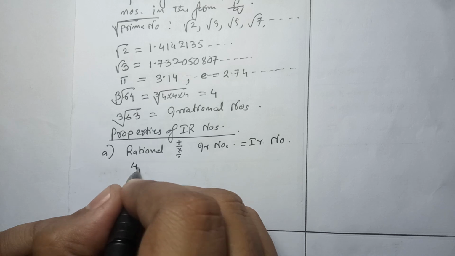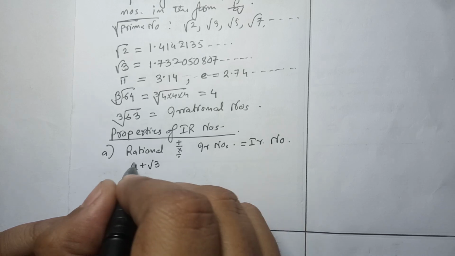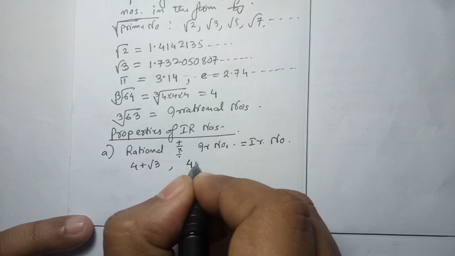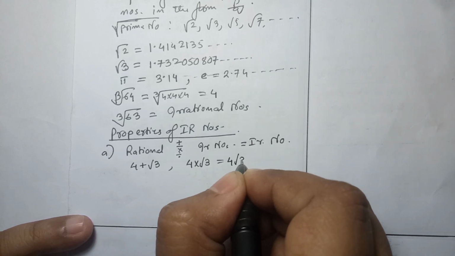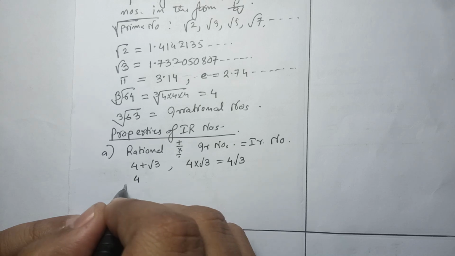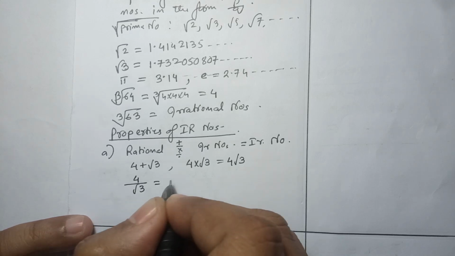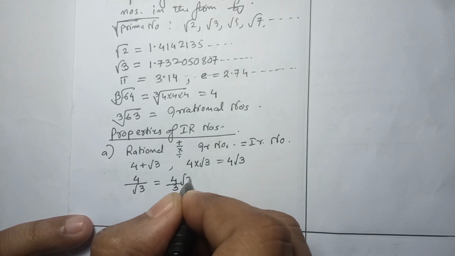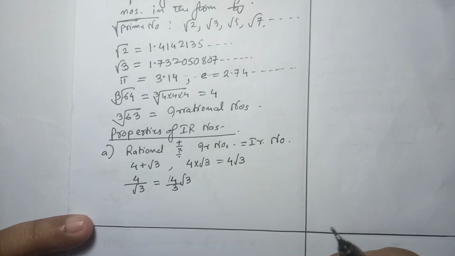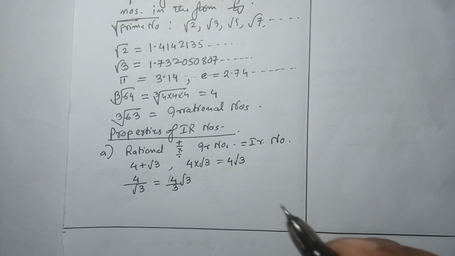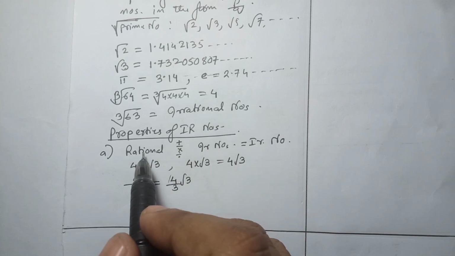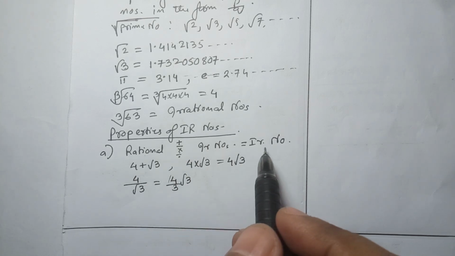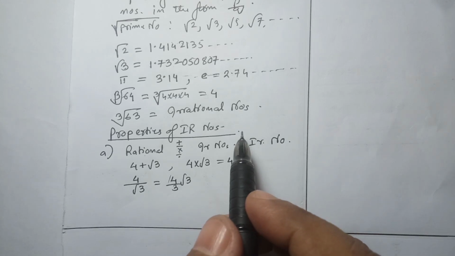So 4 plus root 3 is an irrational number. 4 into root 3 is 4 root 3, an irrational number. 4 by root 3, I can rationalize, and it is still an irrational number. So addition, subtraction, multiplication and division of a rational number with an irrational number gives us an irrational number.